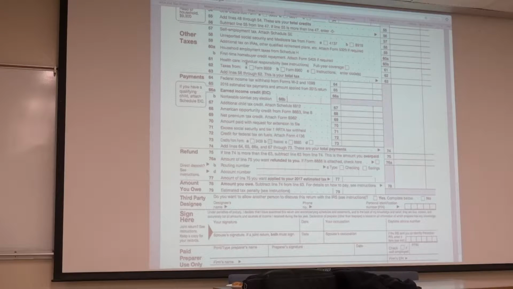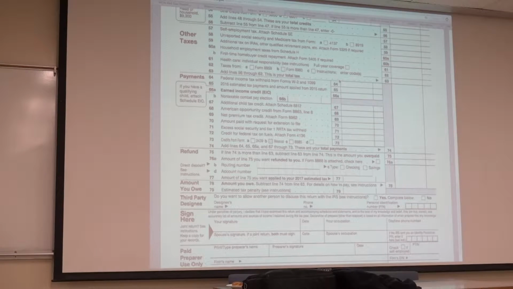Sometimes, yeah. This is line 61. Like we mentioned before, if they did have coverage throughout the whole year, you should check this box. This would probably be a question anyways on TaxSlayer. If they had full coverage, there would be a checkbox for that.